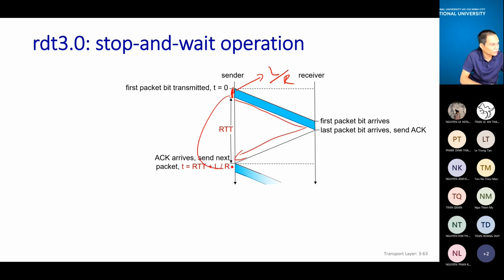So when the first packet is transmitted and the ACK arrives, ideally the total time is the round trip time plus the transmission time, L divided by R.